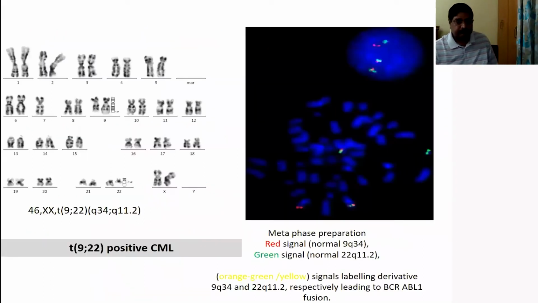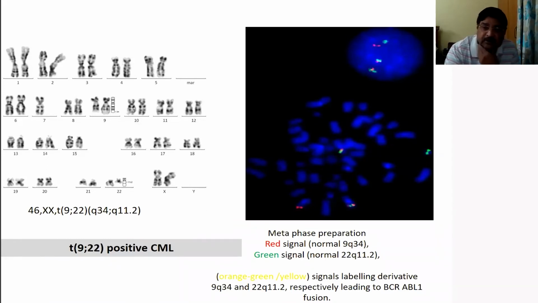Next. If you look at this slide, this is nothing but t(9;22), a balanced reciprocal translocation between chromosome 9 and 22. The chromosome number 22 is actually the Philadelphia chromosome. If you do the FISH in this by dual color, dual fusion FISH probe, you will find a yellow fusion signal.